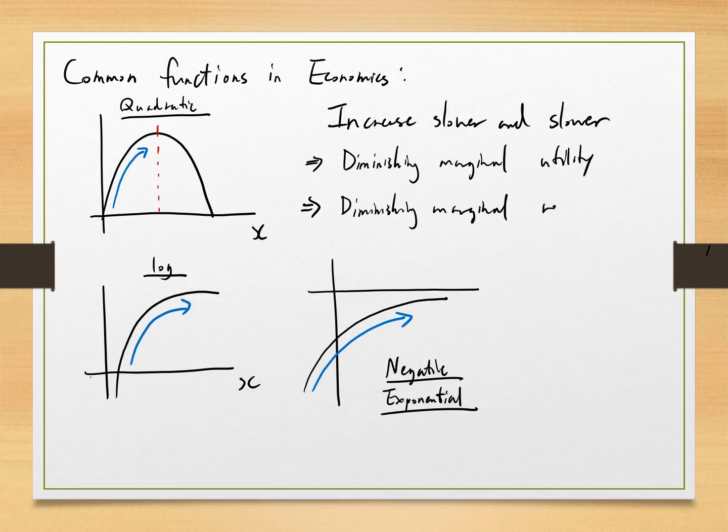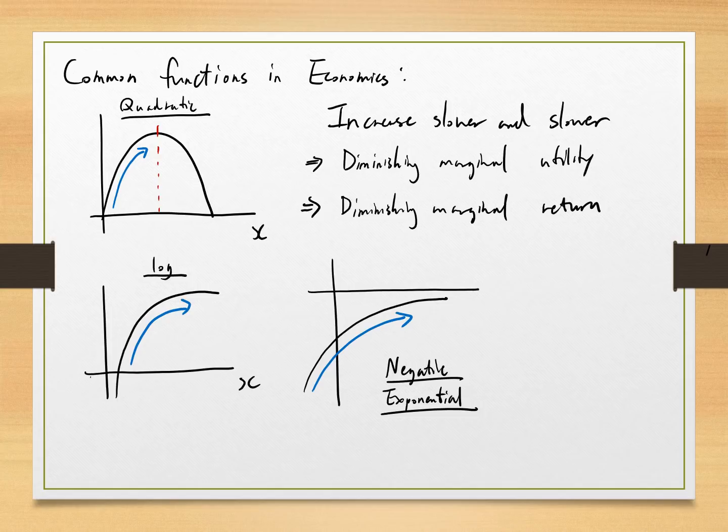And in production, you have diminishing marginal return. As you try to produce more of the same item by increasing a single input, you get less efficient. In both these two cases, diminishing marginal utility and diminishing marginal return, you have functions of this shape. That is the quadratic, log, and negative exponential.